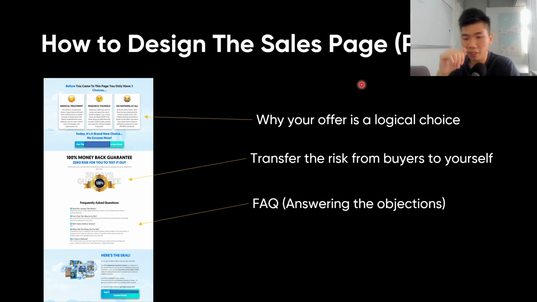And then the FAQ. The FAQ is answering the frequently asked questions. It would be about how long I will get access inside the course. This is just general. Obviously, you will also put this type of question to answer on the FAQs. But the most important thing on the FAQ is answering the objections. Something like, what if I am too old?